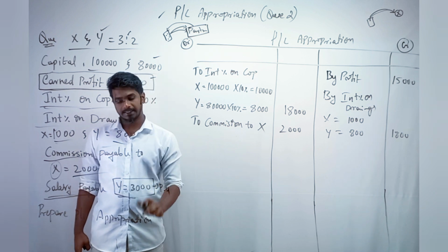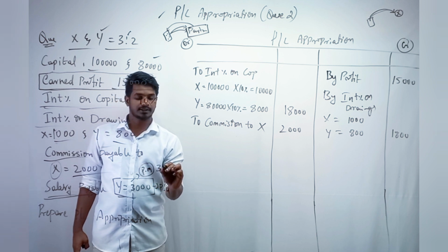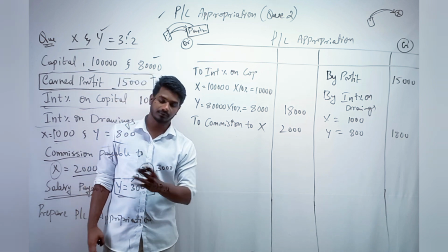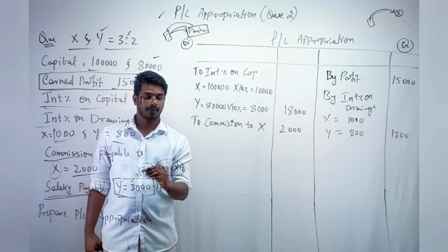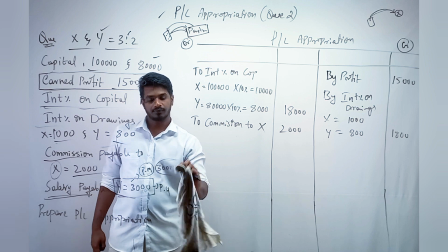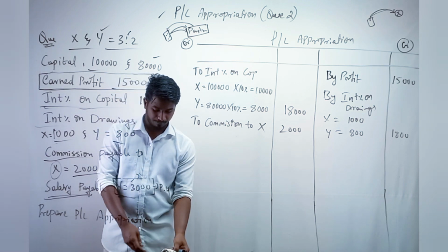If it is given per month, what you will do? You will multiply by 12, but as of now we have only 3,000 per annum.